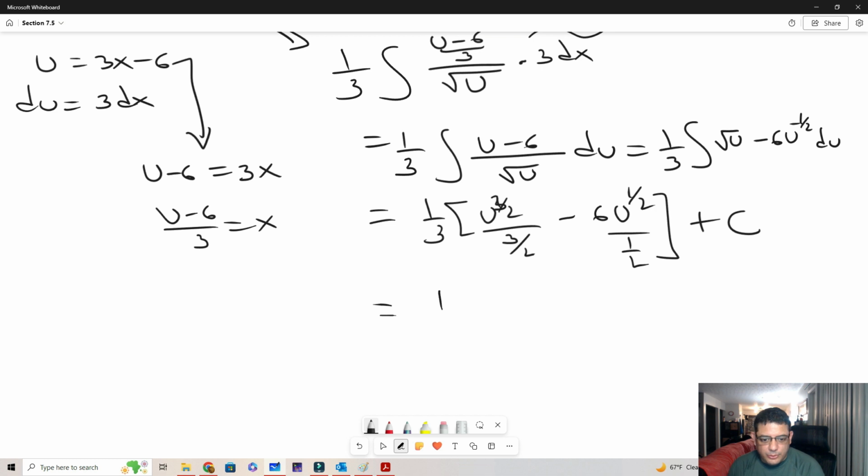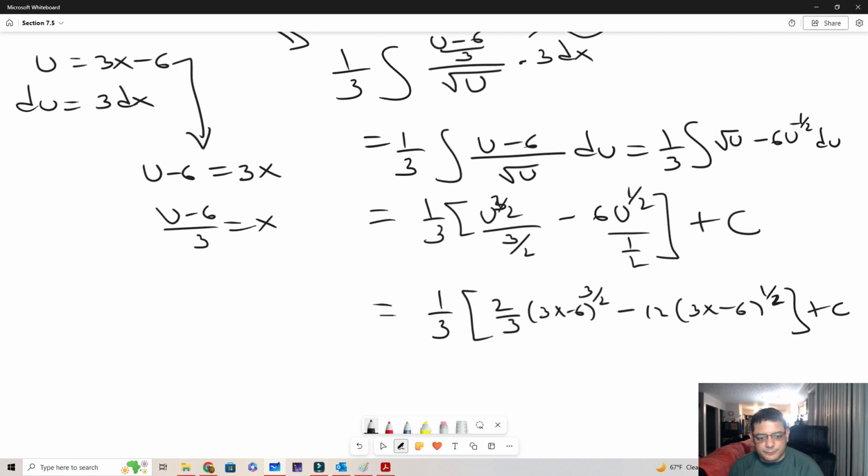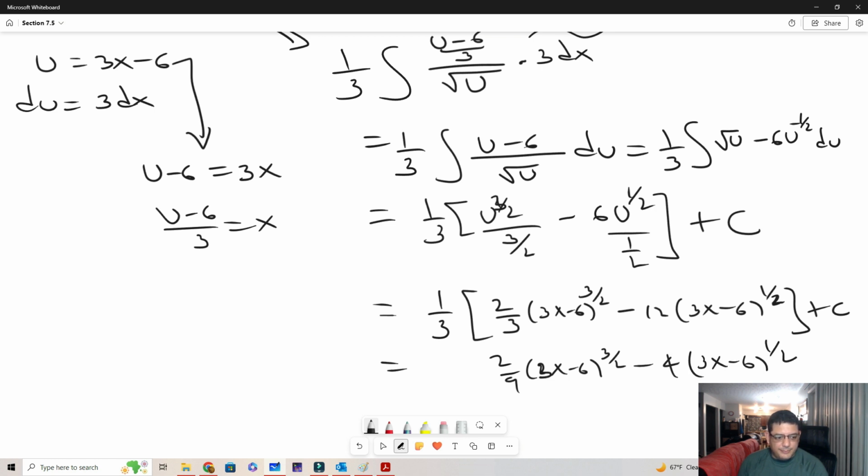So this is 1/3 of 2/3 of 3x minus 6 to the power 3/2 minus 12 times 3x minus 6 to the 1/2. And then of course you can multiply this 1/3 here, and this becomes 2/9 times 3x minus 6 to the 3/2, and then minus 4 times 3x minus 6 to the 1/2 plus c.